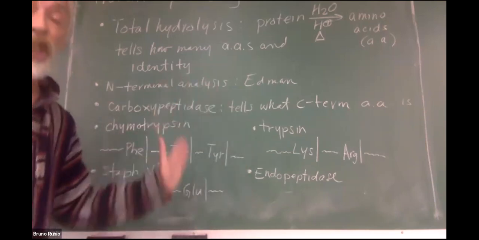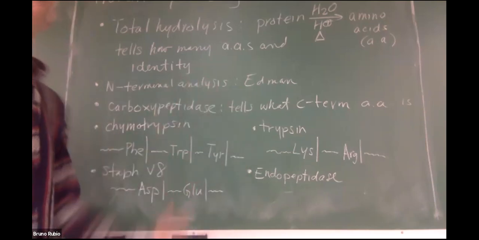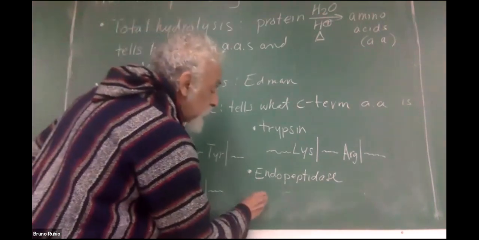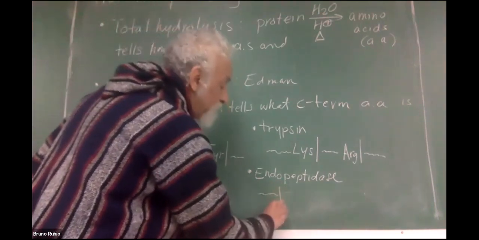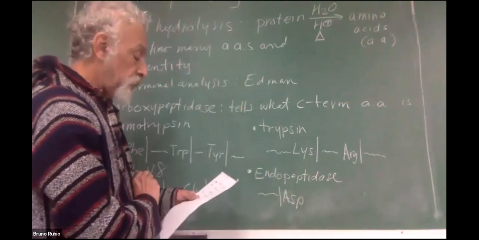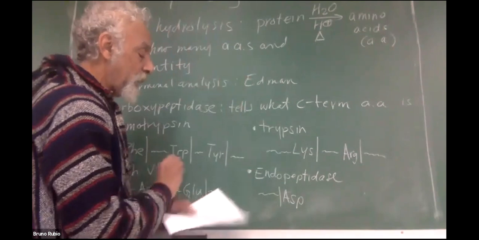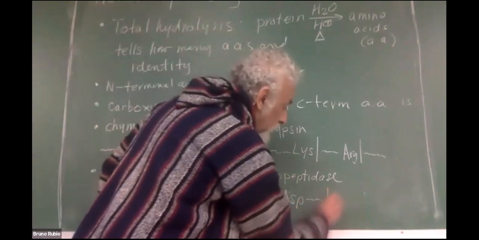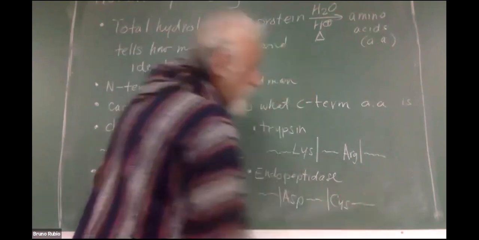This guy breaks the chain before, on the N-terminal side. So endopeptidase breaks the chain before an aspartic acid residue, and it breaks the chain before a cysteine residue.